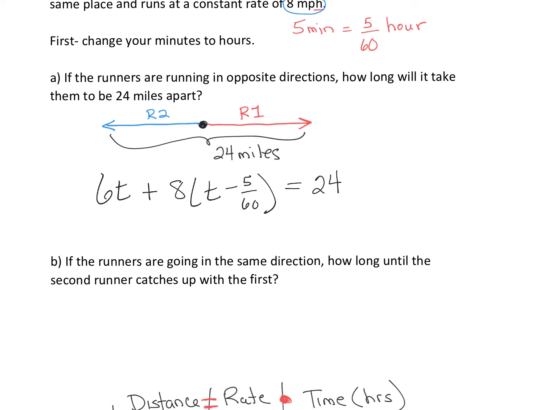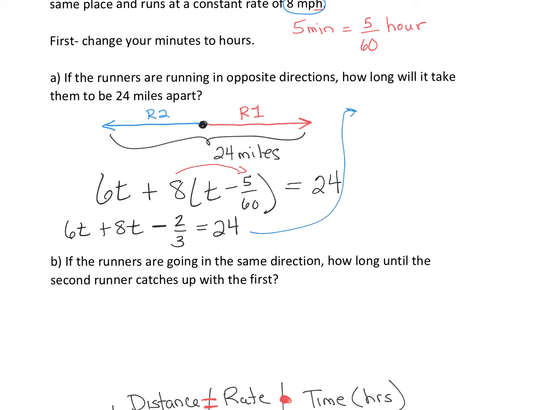So now we need to simplify. So we'll get 6t plus 8t minus, when I distribute here, 8 times 5 is 40, and 40 over 60 is 2/3, equals 24.